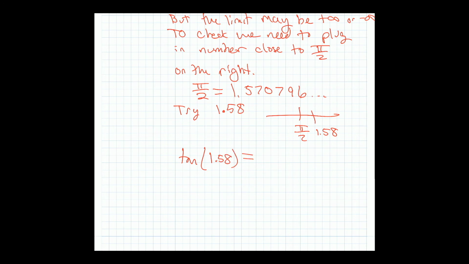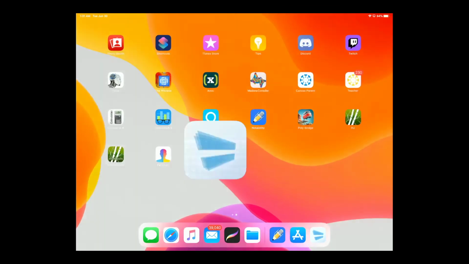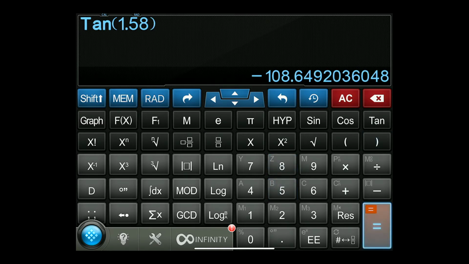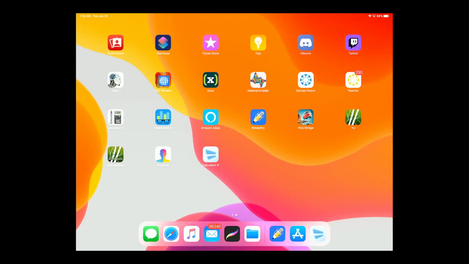Okay, so we're going to grab a calculator. Guess we might as well use this one again. Tangent 1.58. Enter. Negative 108.65. Negative 108.65.